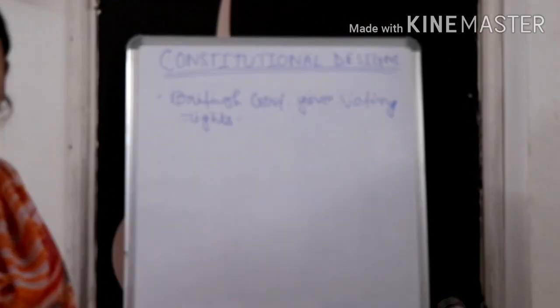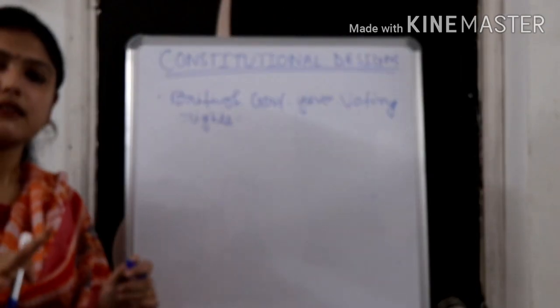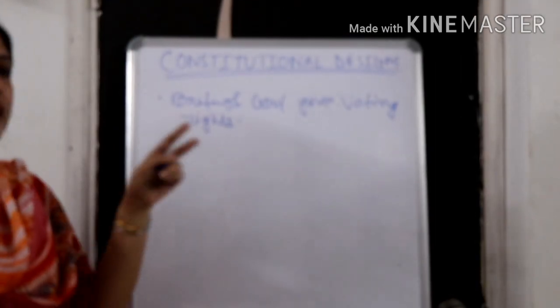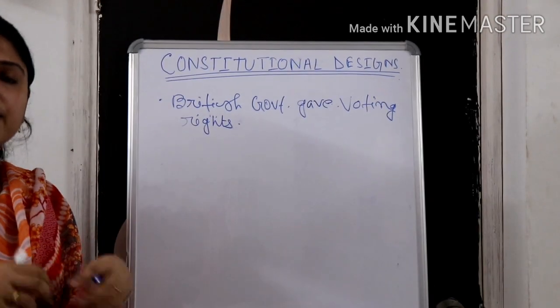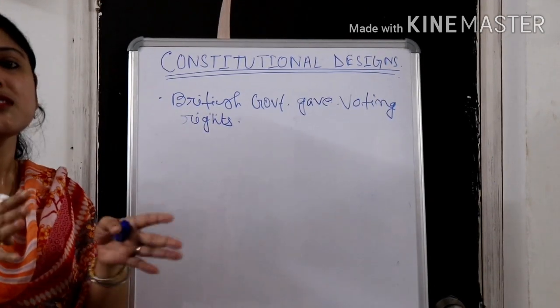The British government provided voting rights to the Indians, but not to all the Indians. Okay, the voting rights were limited. They were giving the right to vote to certain people.